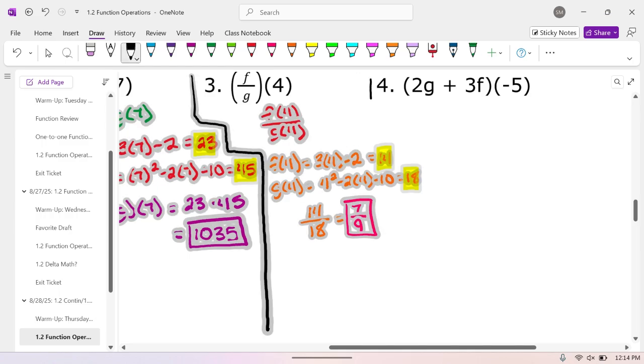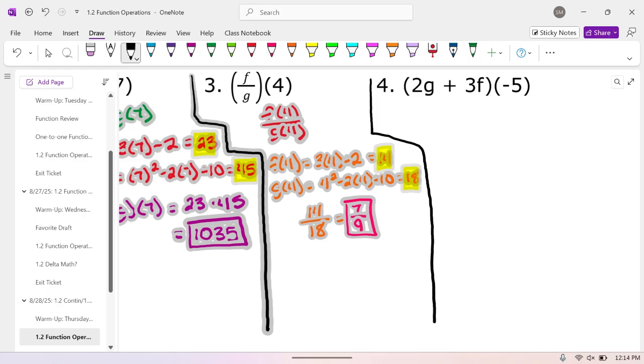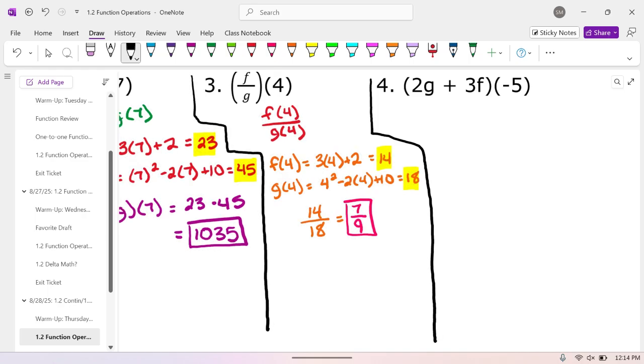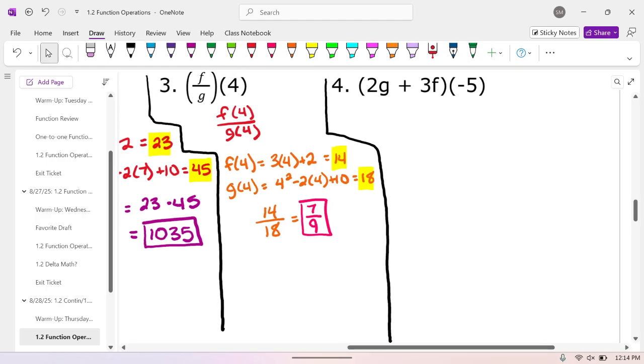All right, so let's try one more. This one I definitely want to do together. What are you noticing with this operation? What's kind of different than the last ones and what we've done? Well, there are numbers within the operation, or scalars. So in other words, we have an extra step in there.